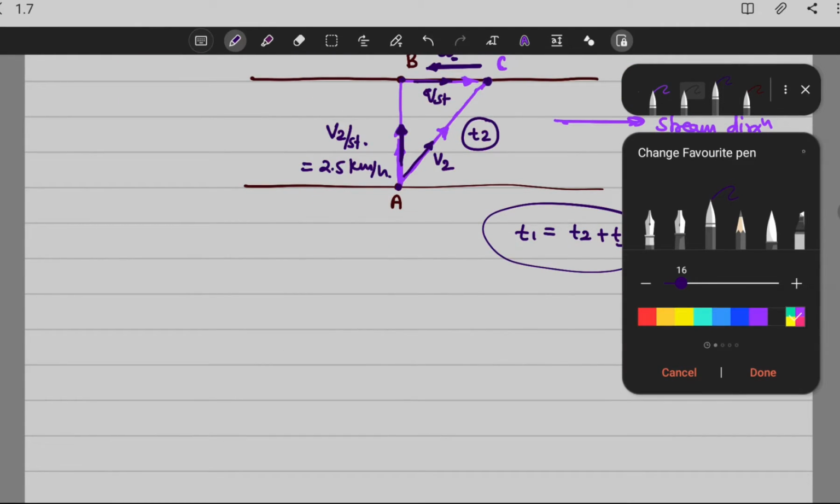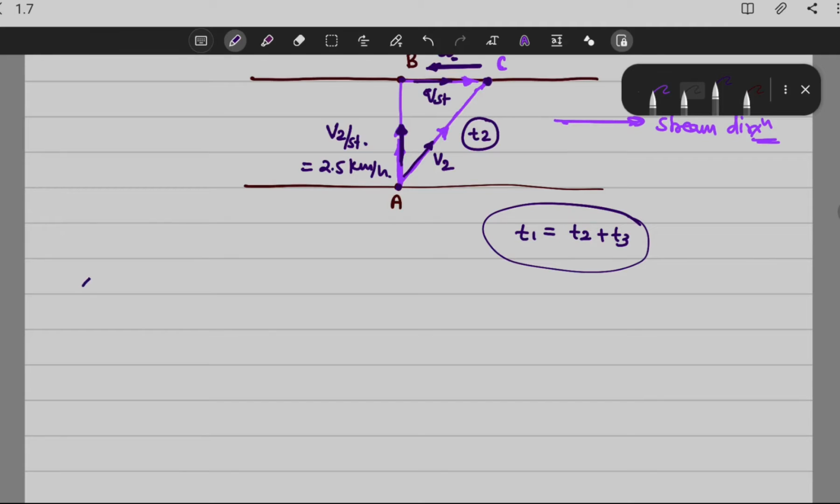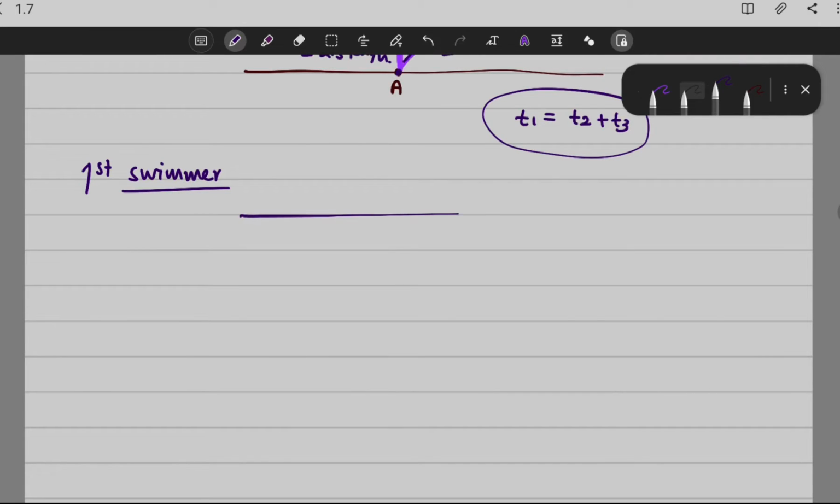So let us first consider the first swimmer. These are the two banks of the river, and the first swimmer is swimming in this direction, and this is the stream velocity vst, and this is v1 with respect to stream, and this is point A, this is point B, this is v1.